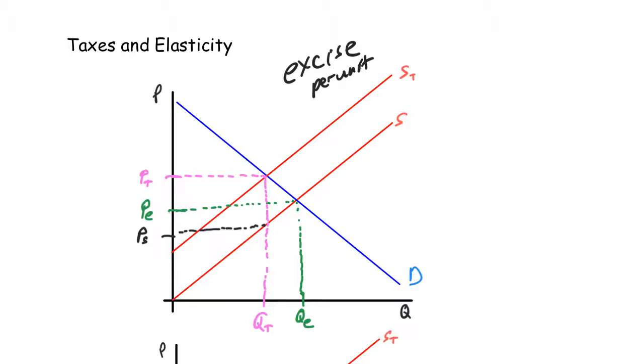Now, in this particular graph, it didn't come out perfectly, but this portion up here, and I'll highlight that in the purple, that represents the portion of the tax paid by the consumer.